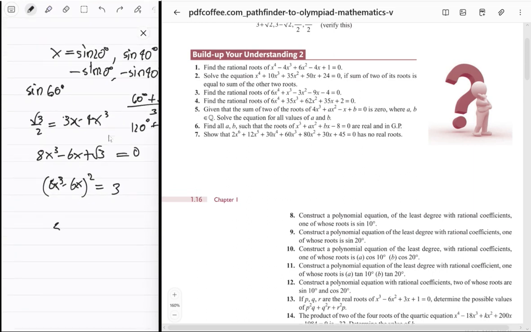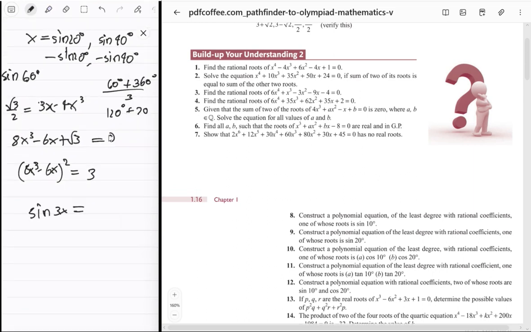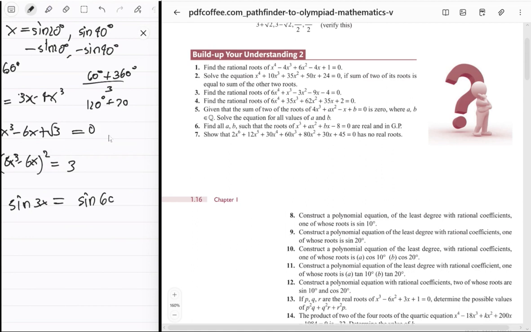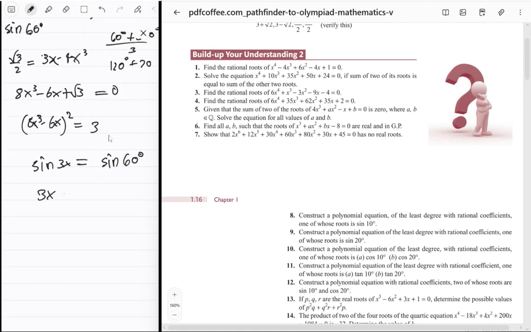Sine of 3x is equal to sine of 60 degrees. There are 2 ways that this can happen. 3x could be 60 degrees plus 2n pi, so plus 360 degrees times n, or you could have 3x equal to 120 degrees plus 360n.